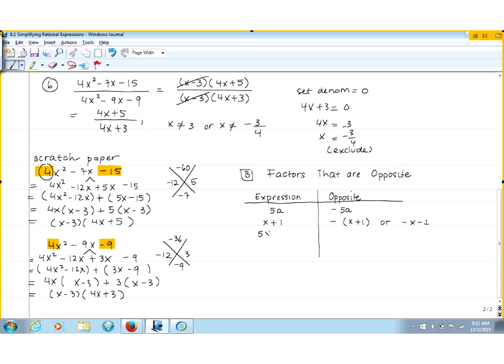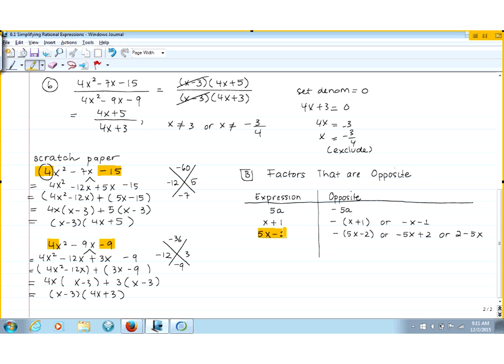Right? What about if I have 5x minus 2? What is the opposite of 5x minus 2? Negative of 5x minus 2, which is negative 5x plus 2 or 2 minus 5x.